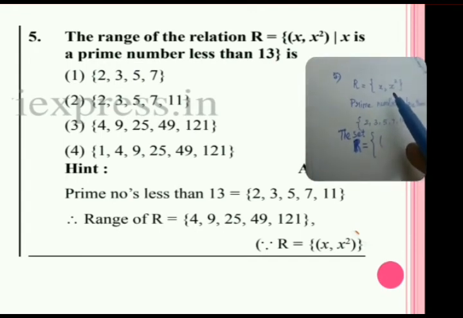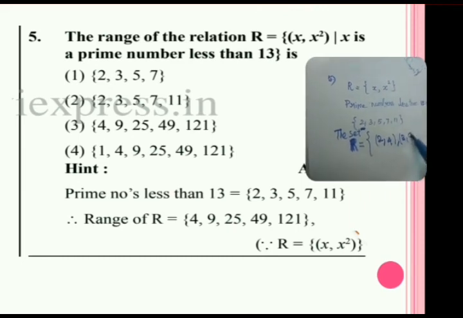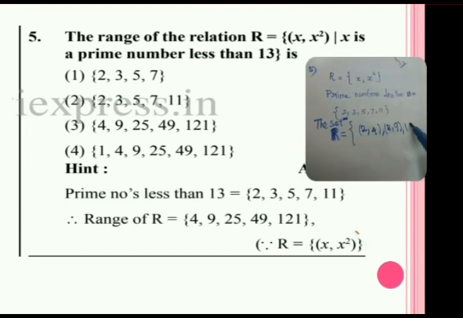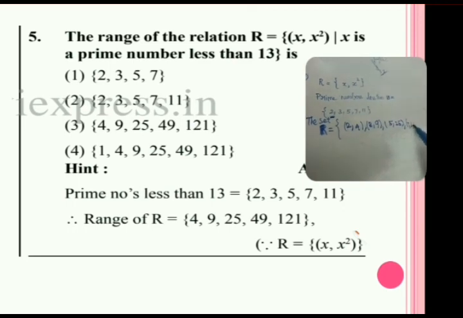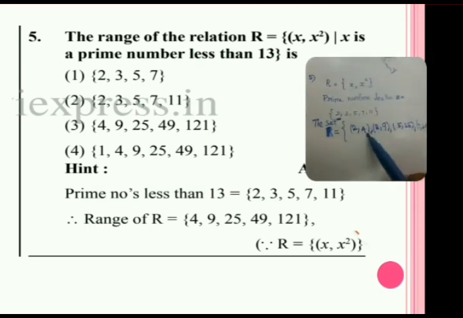(x, x squared). Here the input is x. Substitute x is 2: 2 square, 2 2s are 4. And also input 3: 3 square is 9. x value is 5: 5 5s are 25. x value is 7: 7 7s are 49. x value is 11: 11 11s are 121.